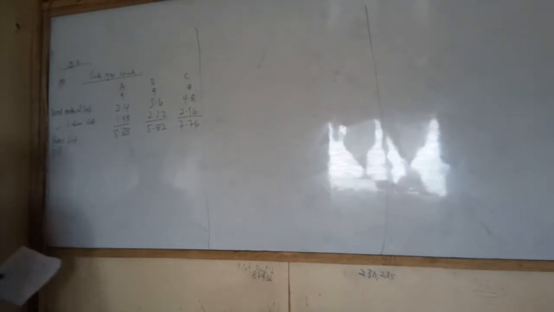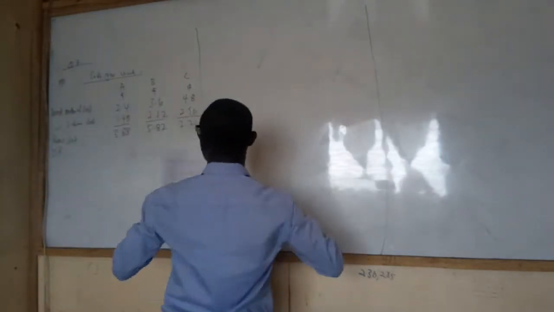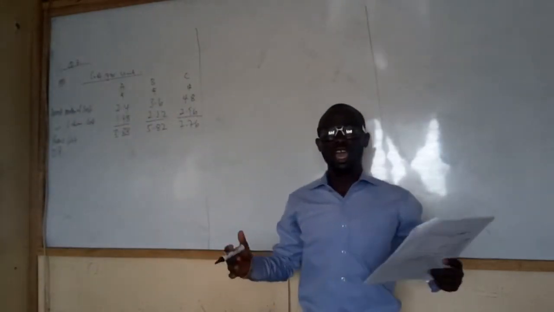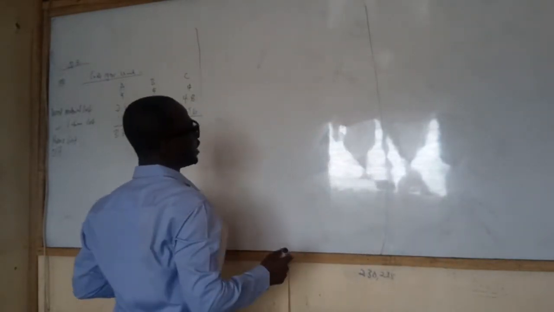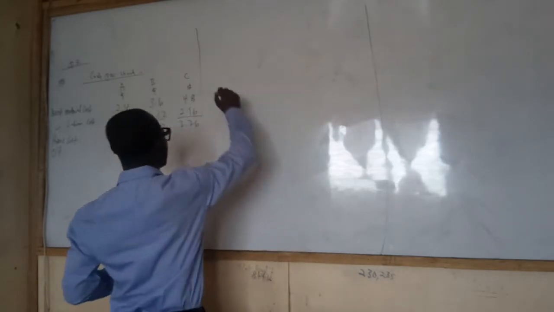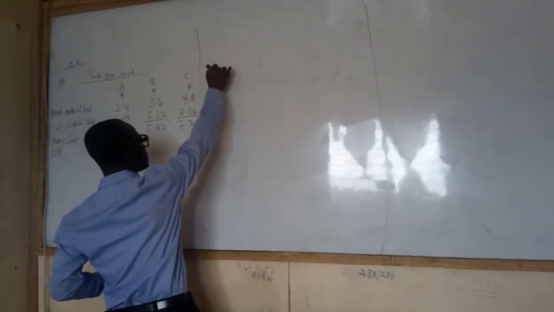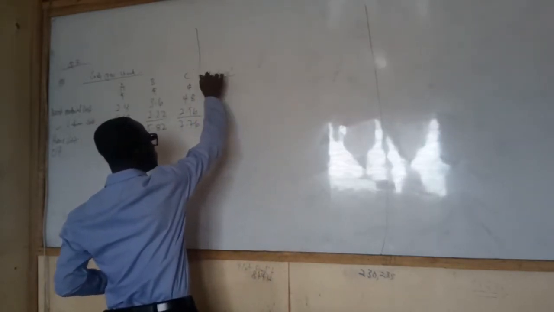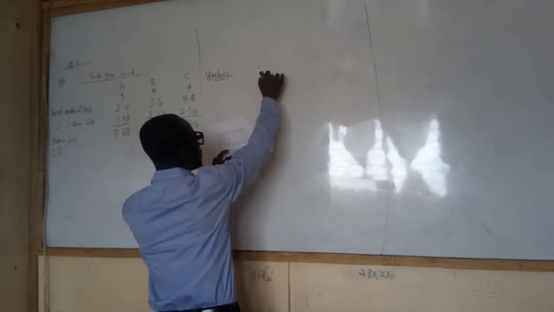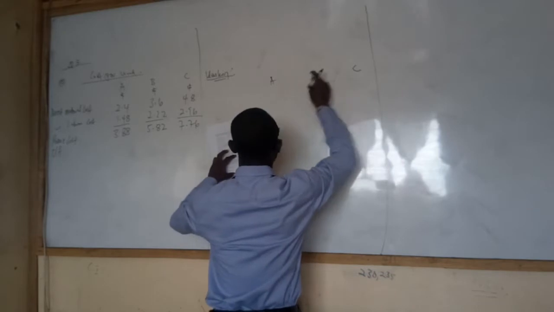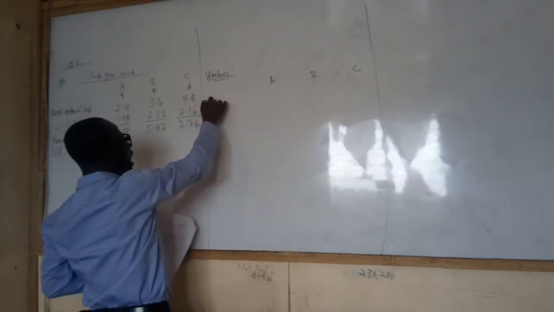Okay, overheads. What's the issue about the overheads? Since we are under absorption costing and overheads is absorbed using labor hours, we need to get a total budgeted what? Labor hours. Are you getting the idea? So work it. How do we get a total budgeted overhead? So we bring the products A, B, C. Then we bring the labor hour per unit.